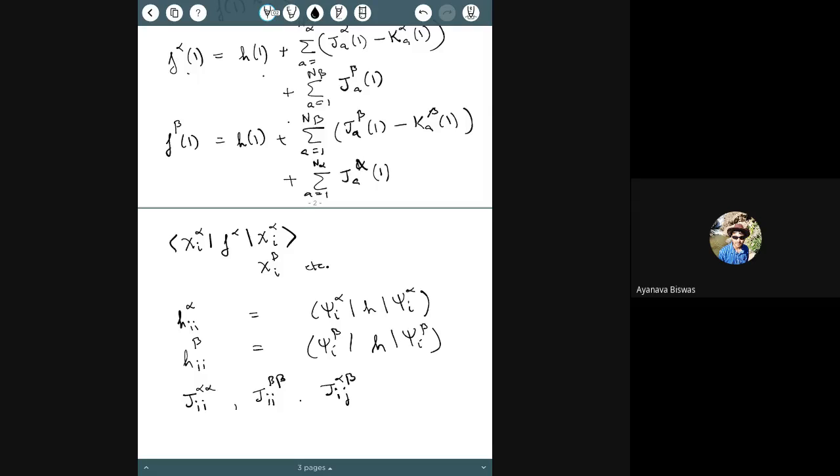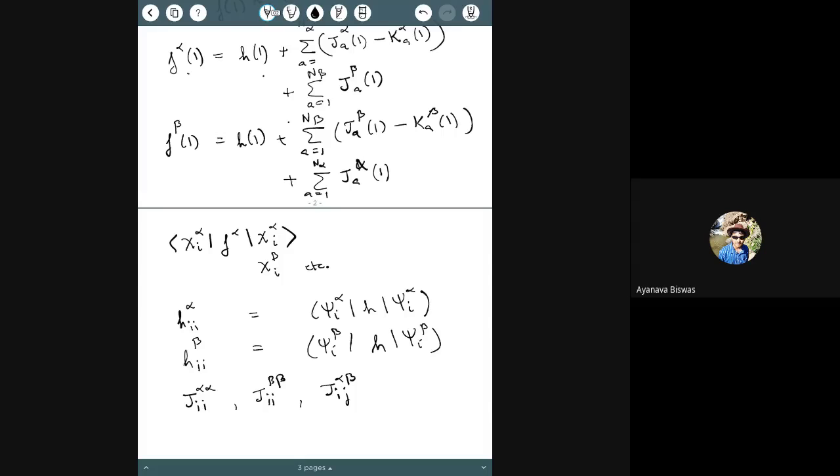So all these expressions you will get in terms of spatial orbitals, and they are exactly analogous to what you have got as expressions in the restricted case. Only there you wrote psi I or psi I, psi j, and now every time you will have psi I alpha, psi I alpha, psi I beta, psi I beta.